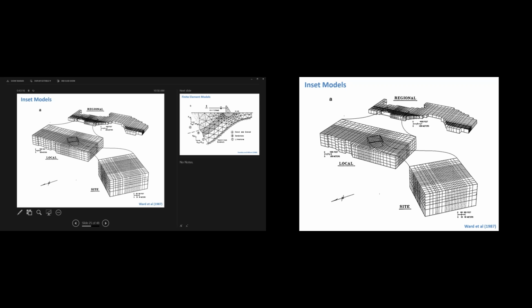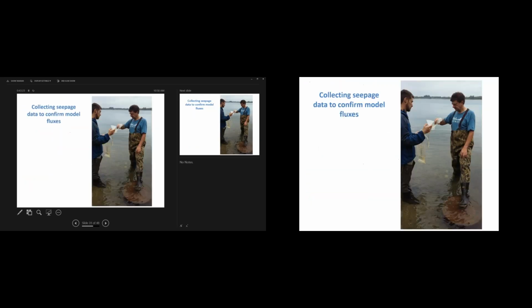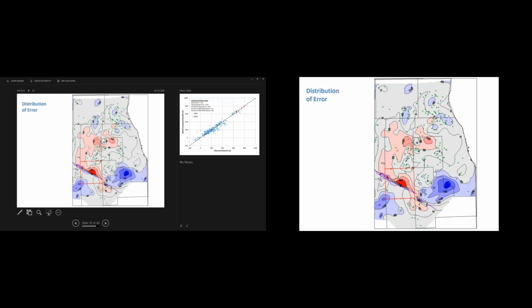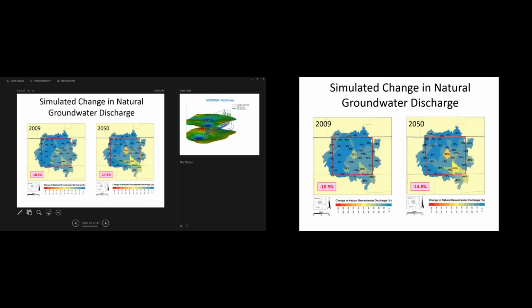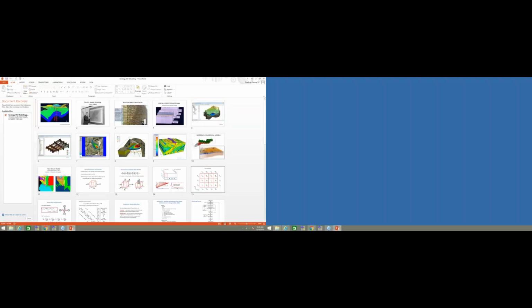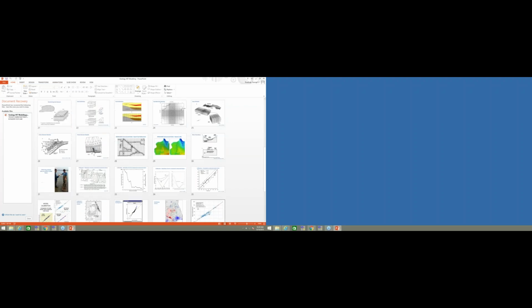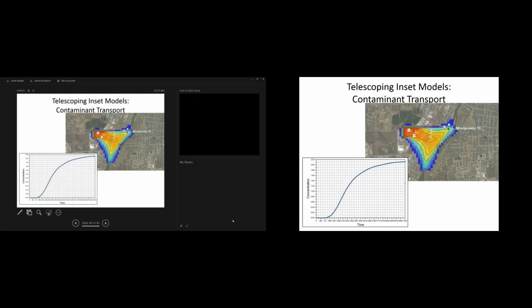Now, if you want to try to go to transient transport models, then that changes. If you wanted to simulate the water level in Montgomery 13 under changing conditions, then obviously you need a transient flow model and a transient contaminant transport model.